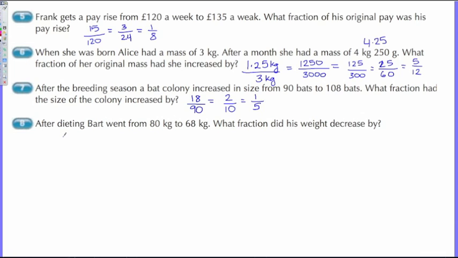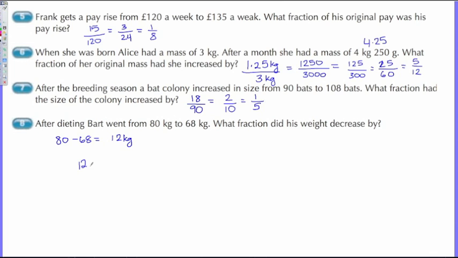Okay, after dieting, Bart went from 80 kilos to 68 kilos. What fraction did his weight decrease by? So we went from 80 to 68. So if we minus that, we have got 12. So it decreased by 12 kilos.